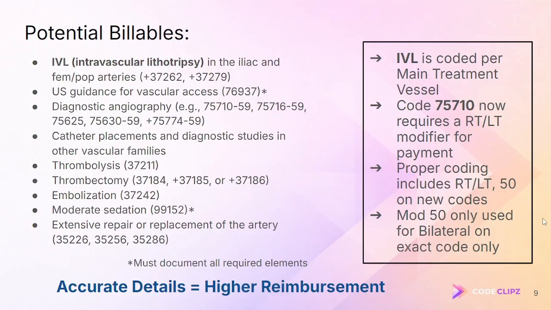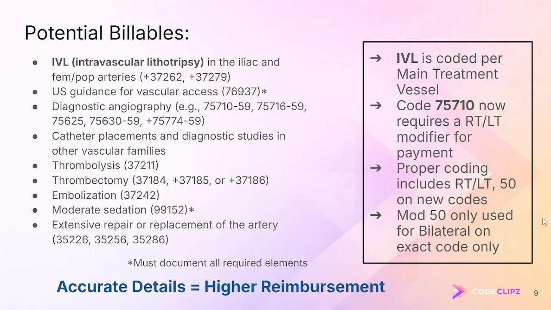A mental note as far as using the 50 modifier: the 50 modifier can only be used on bilateral procedures that would capture the exact code and procedure from the other extremity. So I'm guessing we may not see a lot of the 50 modifiers because usually we only treat one extremity, or we treat different interventions in different vessels on the different legs. So we probably won't see a lot of 50s, but don't worry about that. Once you put your codes in, you should be able to identify where the 50 modifier is needed.